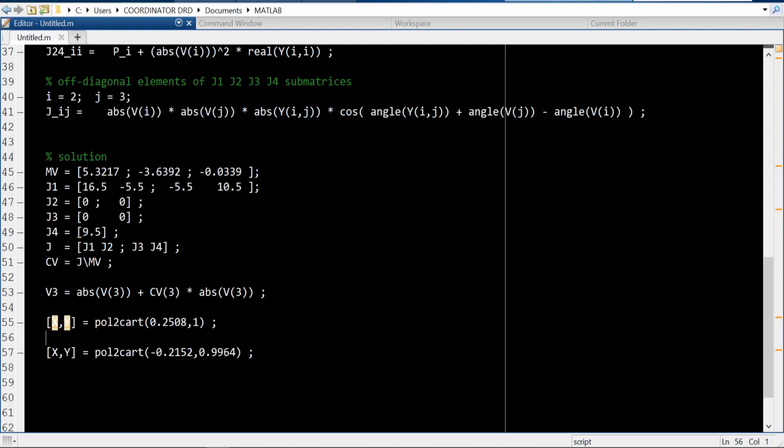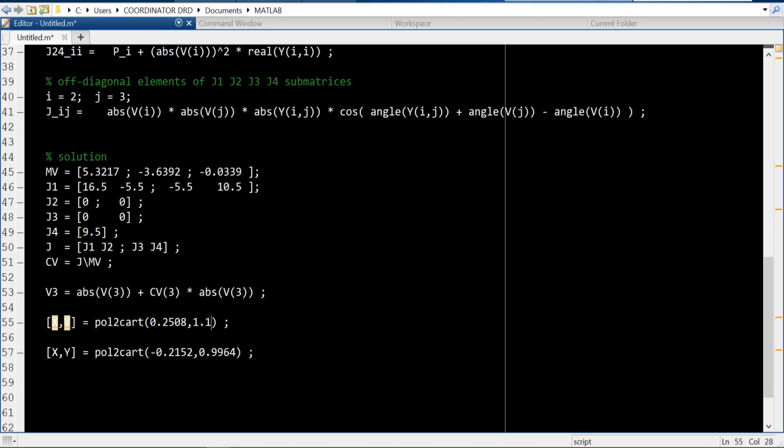So 1 at an angle 0.2508 is V2, and V3 magnitude, now this is 1.1. 1.1 is our V2. V2 is specified, magnitude is 1.1, and what we got is this angle.